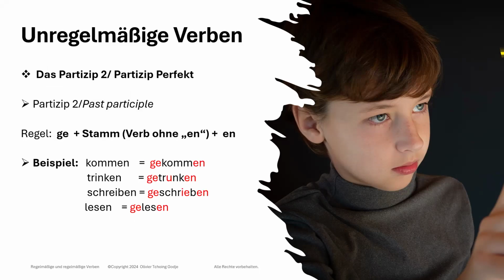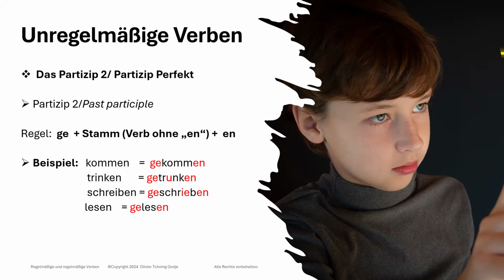Now, the third and last level to find out whether a verb is regular or irregular is also the past participle, called in German Partizip 2. So the ending of the past participle of irregular verbs is different than that of regular verbs.